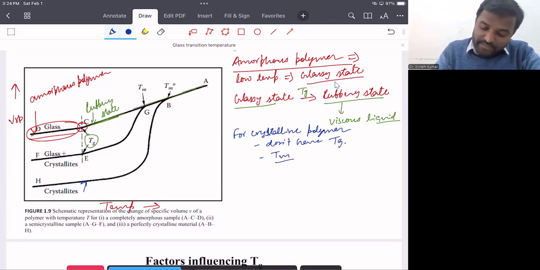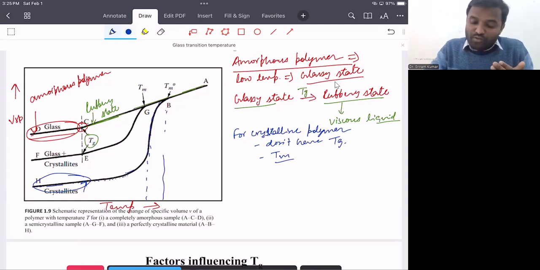If you just understand this curve here, if you increase the temperature, initially it is in the solid state, and as you increase the temperature, the specific volume slowly increases, and at a certain temperature there is a fast increase in the specific volume. This temperature is called the melting point temperature.